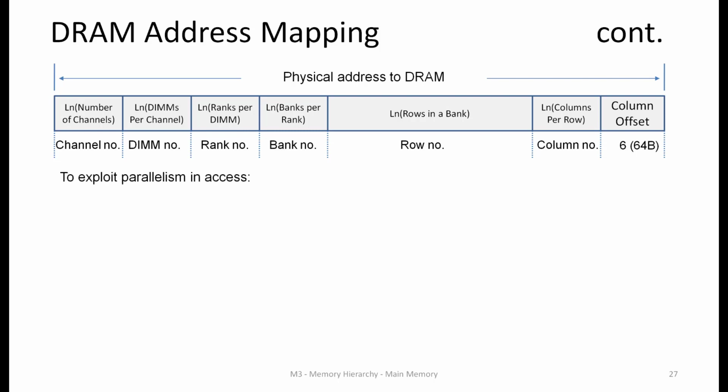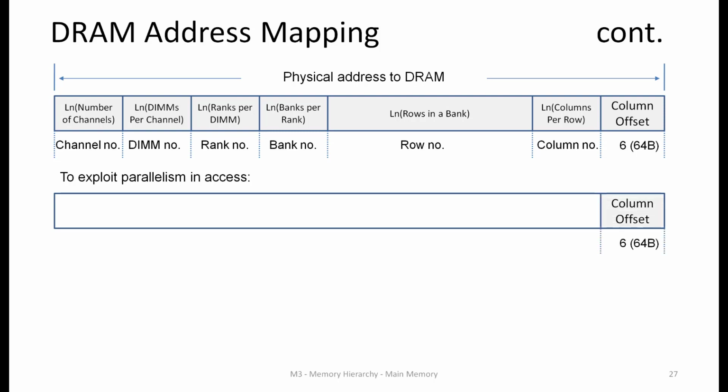This can look pretty standard, but we know that there is some limitation of accessing many of these components in parallel. So if you want to exploit that parallelism, we can split the address into something like this.